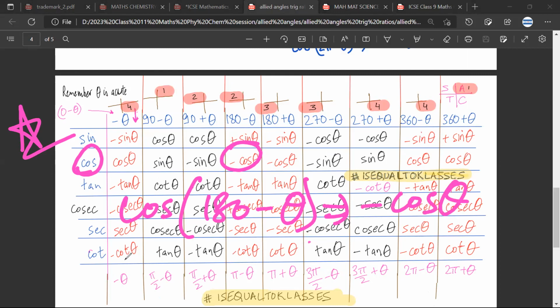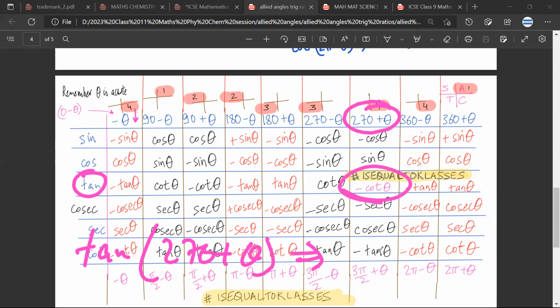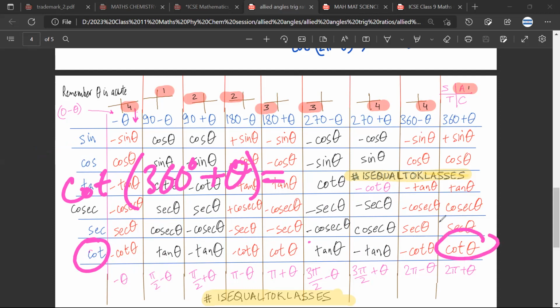If I ask you what is tan 270 plus theta, you should be able to tell me that this is equal to minus cot theta. If I ask you what is cot 360 plus theta, you should be able to tell me that this is cot theta.